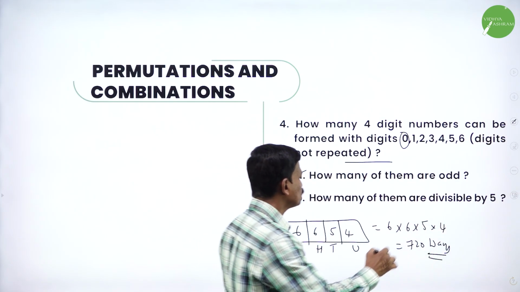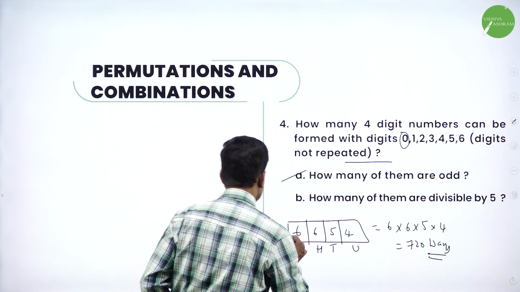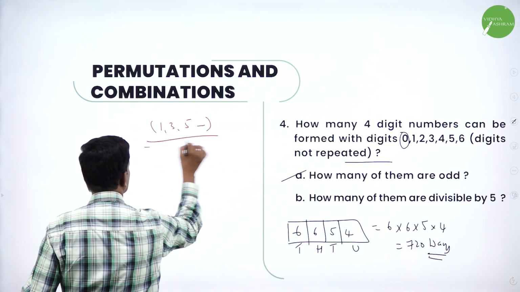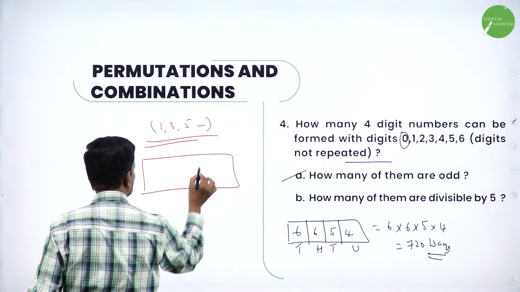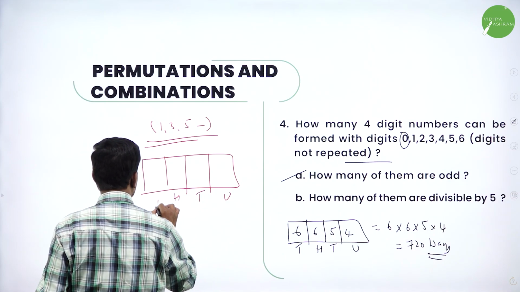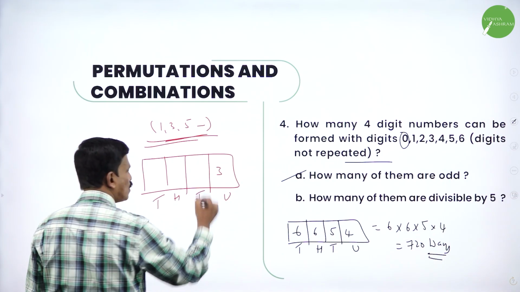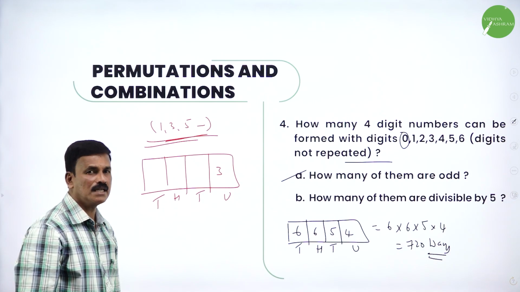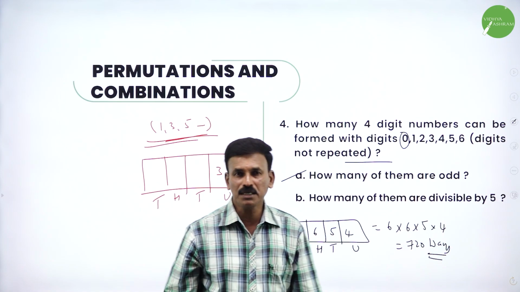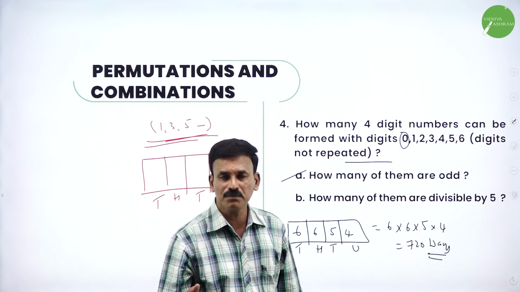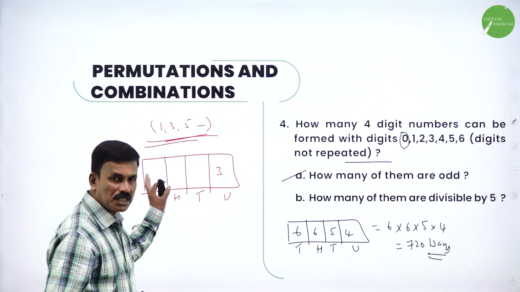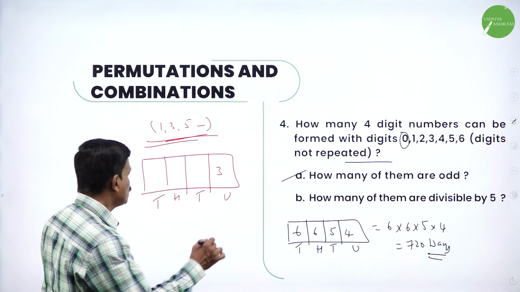What is case 1? Here the odd numbers are 1, 3 and 5. So the unit place can be filled by these 3 odd numbers, that is 3 ways. The remaining places can be filled by the remaining numbers. 0 is also included, but the 1000 place cannot be filled by 0.